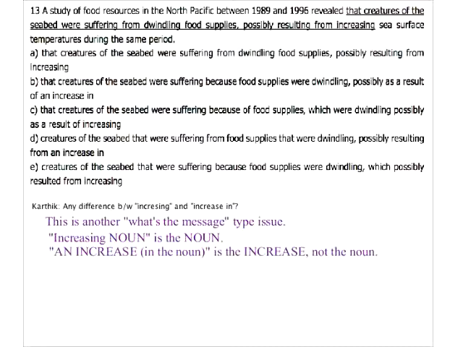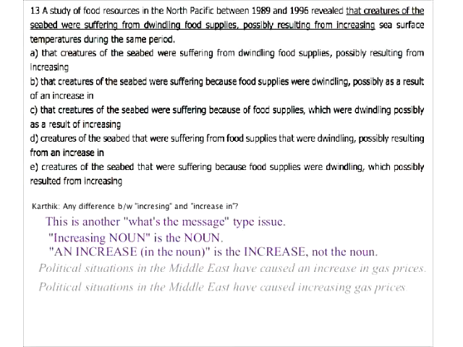So, for example, here are four more examples of this kind of thing. Political situations in the Middle East have caused an increase in gas prices, versus political situations in the Middle East have caused increasing gas prices.